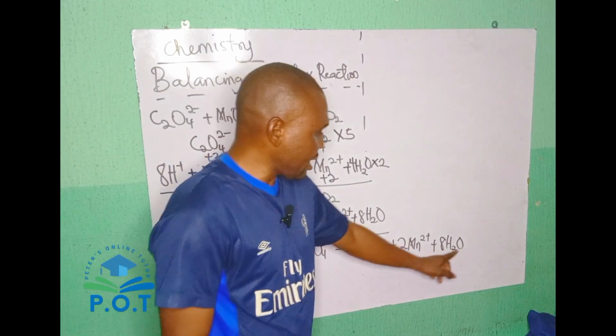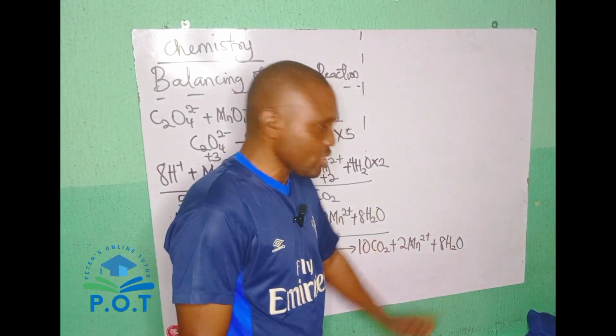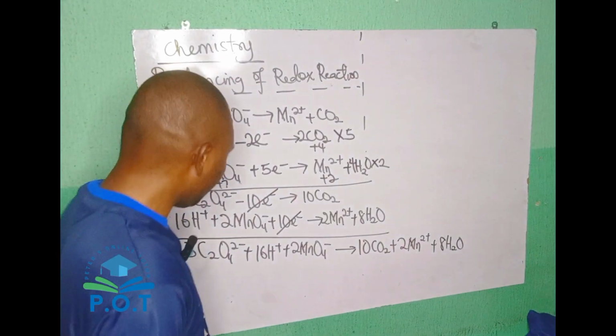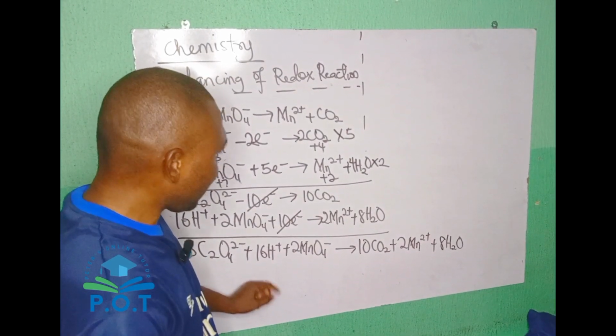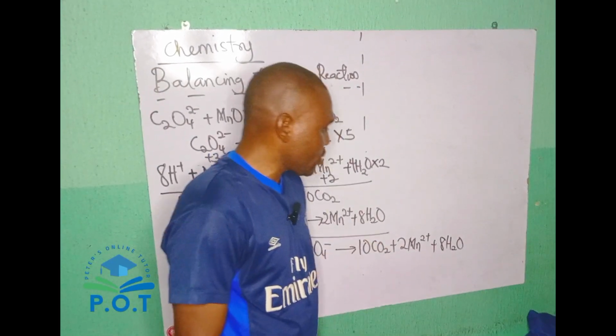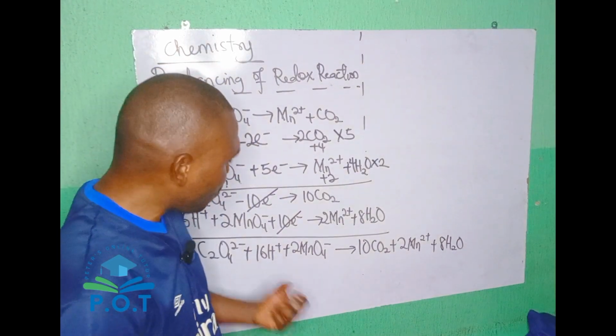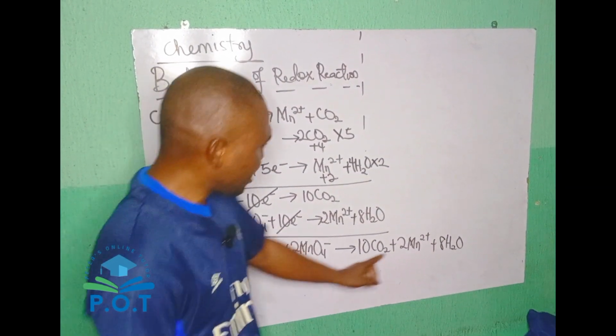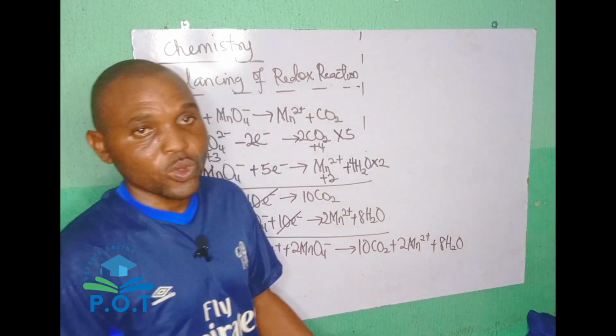Then this is 8. So 20 plus 8 oxygen here is 28. So oxygen is balanced on both sides of the equation. Now let's check for hydrogen. This is 16 hydrogen. 8 times 2 here is 16. Hydrogen is balanced on both sides. Now let's check for manganese. Manganese is 2. Manganese is 2. Manganese is also balanced.